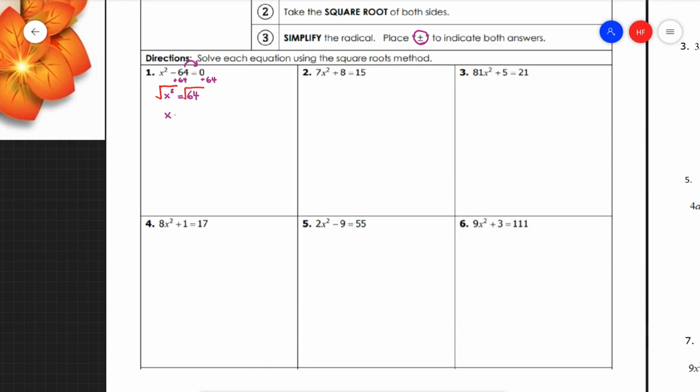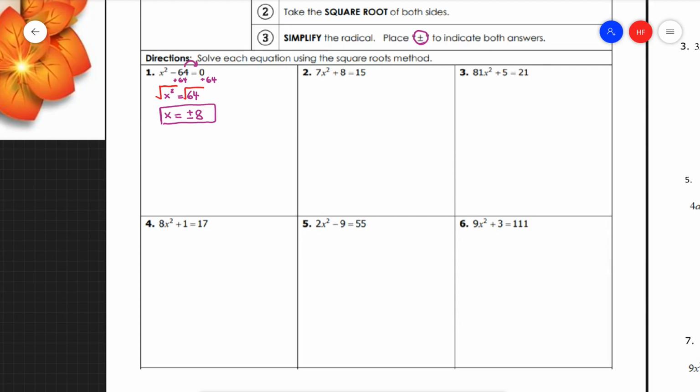And so x equals, and the square root of 64 is 8, so plus or minus 8, and that's it. So this is one of the simpler ways to solve, but it has to be of that form where x squared equals a number. If there is more terms than that, we cannot use this method.